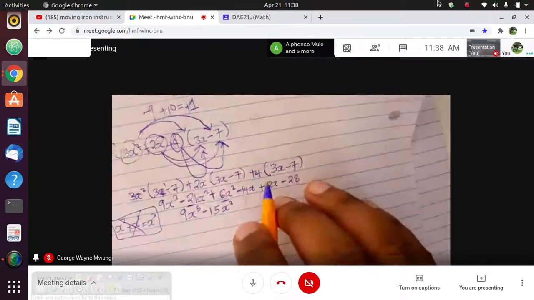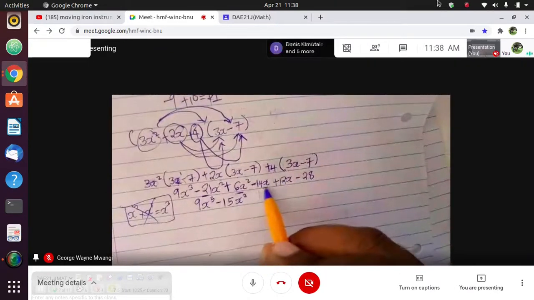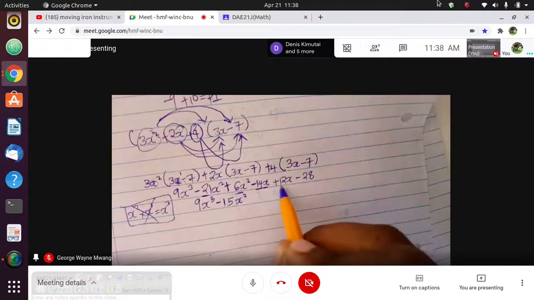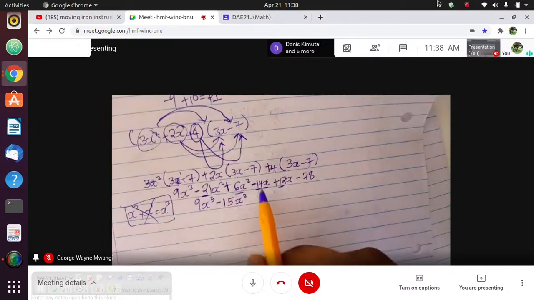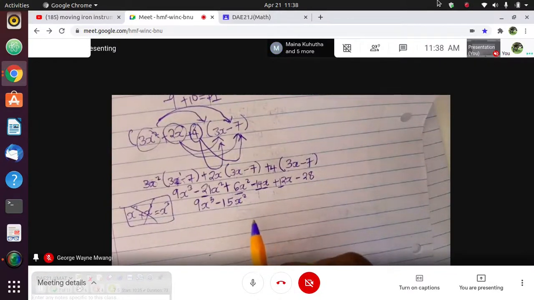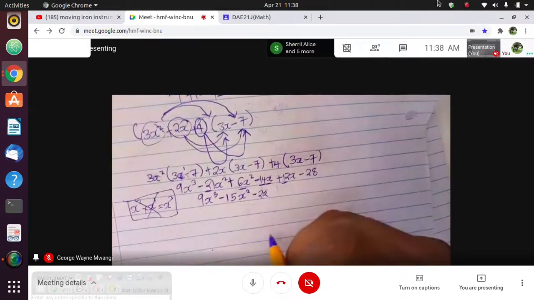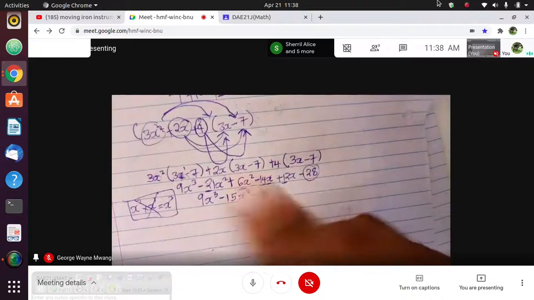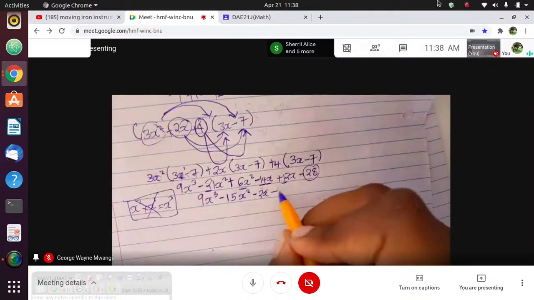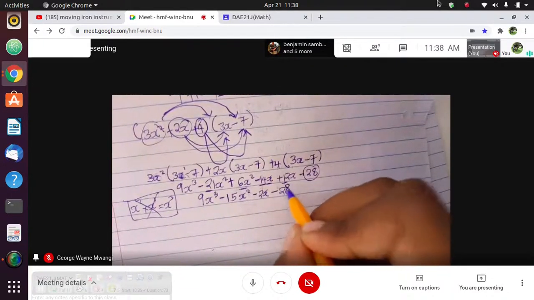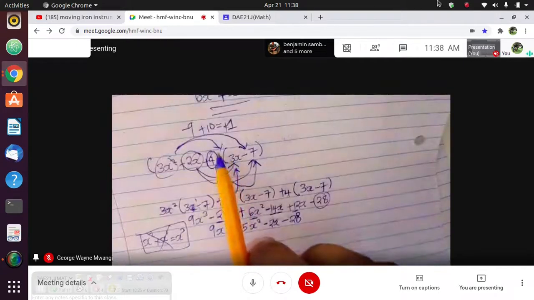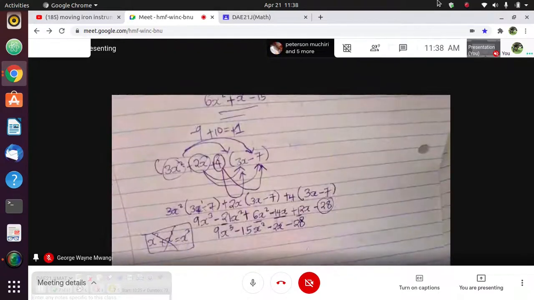Now, the values of x. We have minus 14 and we have plus 12. So, minus 14 plus 12 is how much? We have minus 2x. And then the constant is 28 and it is alone, so minus 28. We have been able to open that bracket and we have been able to simplify that expression.